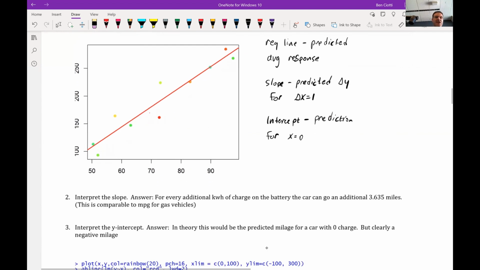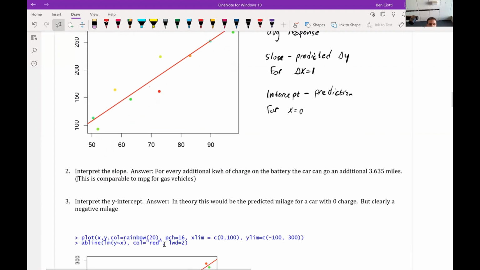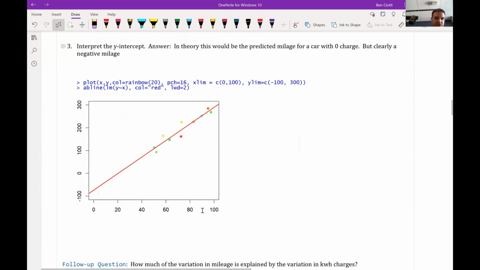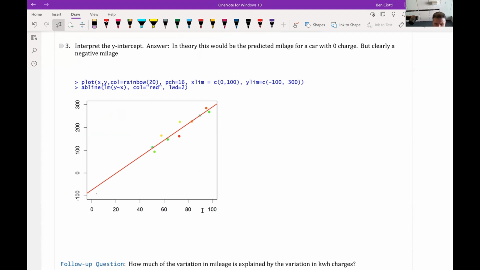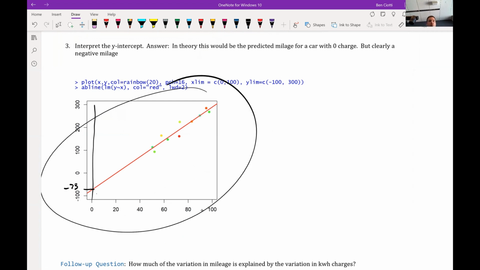This value of -73 is clearly beyond the scope of the model.